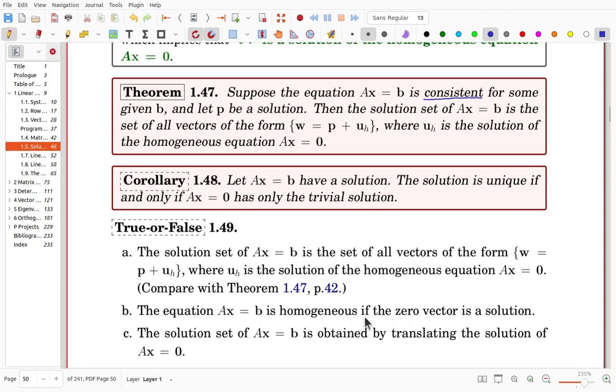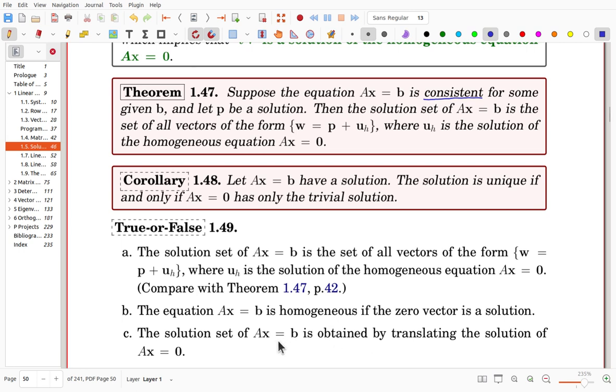This assumption, the zero vector is a solution, implies that the right side is 0. So Ax equals 0 must be homogeneous. So this statement is true.